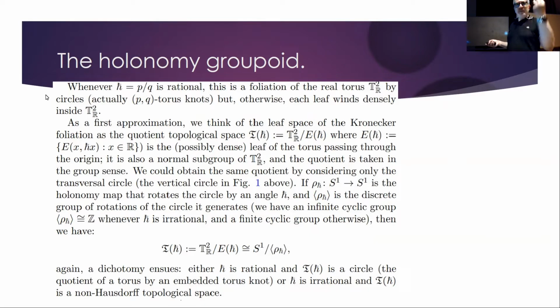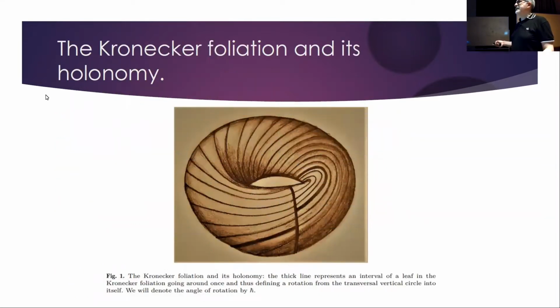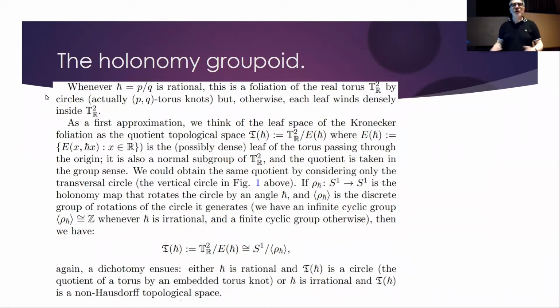Categorically, the convolution groupoid of this foliation is the same as the translation groupoid of the irrational rotation by h bar on the transversal circle. So you can think of the whole groupoid of the foliation, or alternatively just of the action of the rotation by h bar on the circle. These are equivalent groupoids, and they give the same convolution algebra.